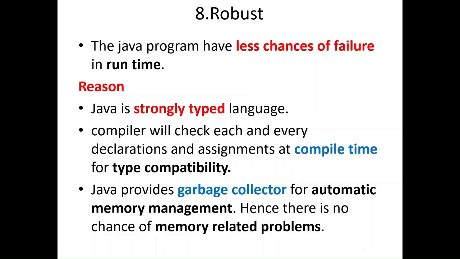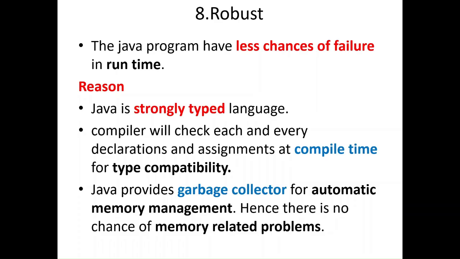Every variable in Java must be declared with a data type, and Java allows only a value of the correct type to be stored in that variable. Suppose I declare int age, then I have to store only a number; text cannot be stored. That way it is a strongly typed language. And the compiler also checks for compile-time errors and for type compatibility.